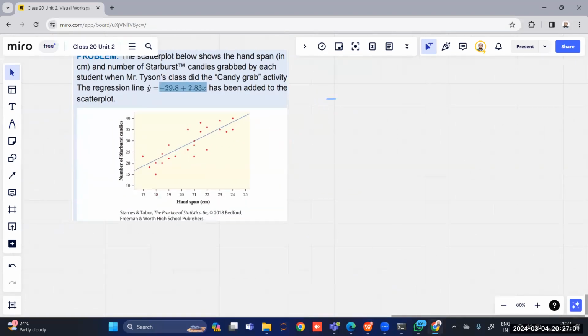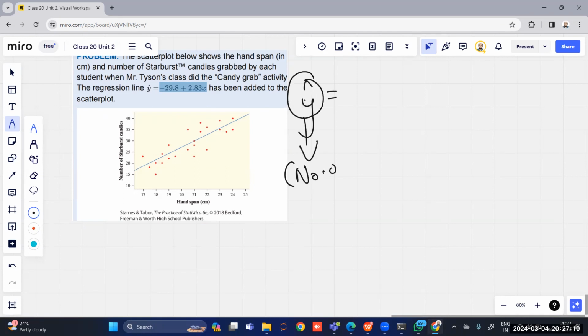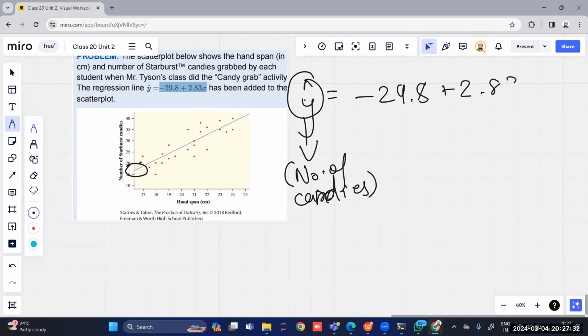You can see that the regression line is y hat equals this. What will y hat be? The number of candies. It will be minus 29.8, because it will intersect the negative y-axis. It is not clear here, but he has drawn a rough figure for this line: minus 29.8 plus 2.83x.